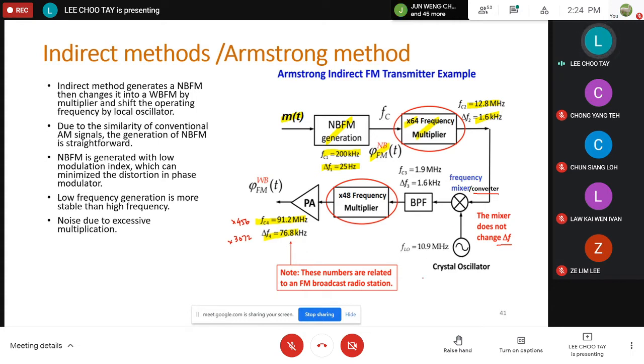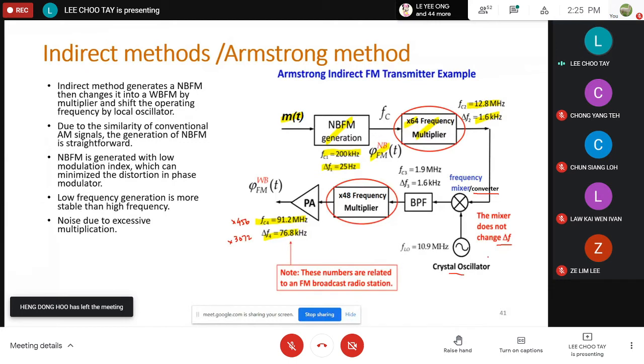So in this example, we make use of, again, a crystal oscillator that generates a local frequency of 10.9 megahertz. This signal we multiply with the signal that comes out from the frequency multiplier. If you look at the frequency mixer, it's the same as our double sideband suppressed carrier modulator.